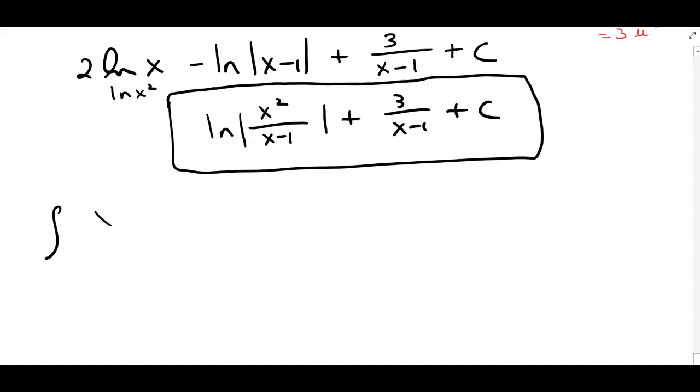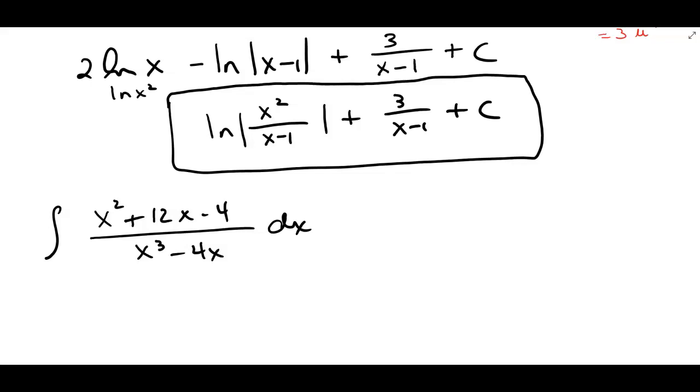For this example, I'm going to take x squared plus 12x minus 4 over x cubed minus 4x dx. All right, so first thing I like to do is I'm going to take my denominator over here and really factor it out. So what do we get? We get x squared minus 4.